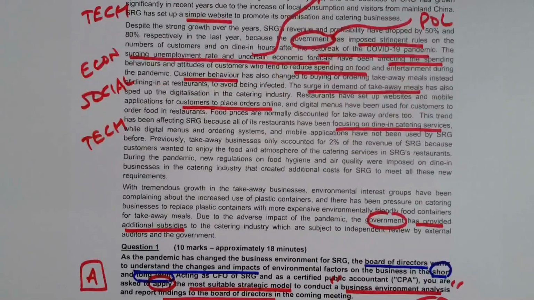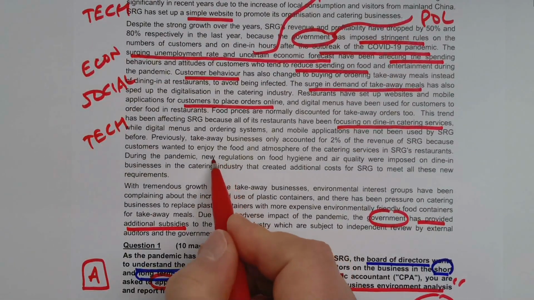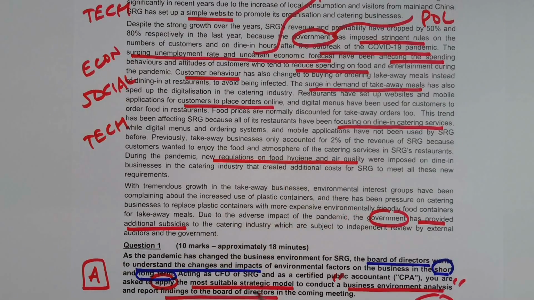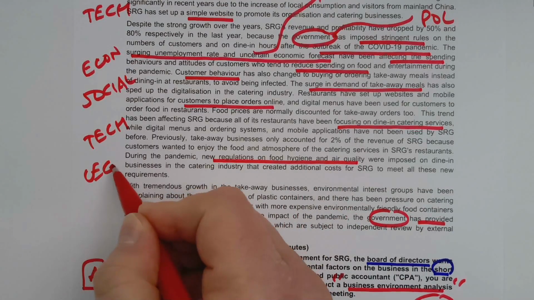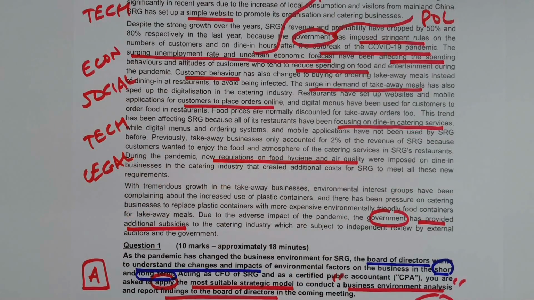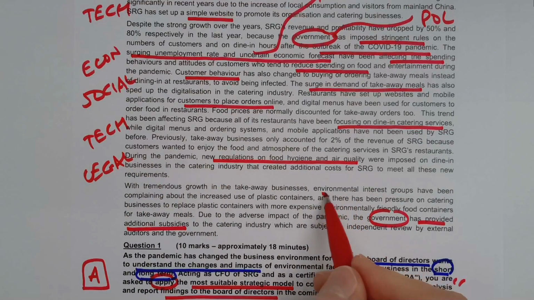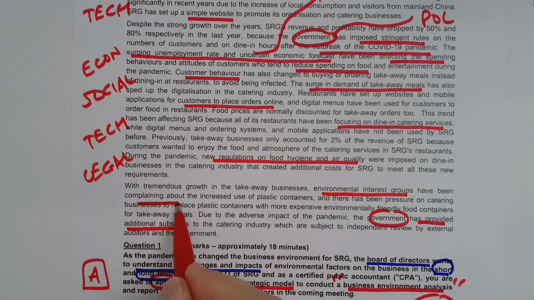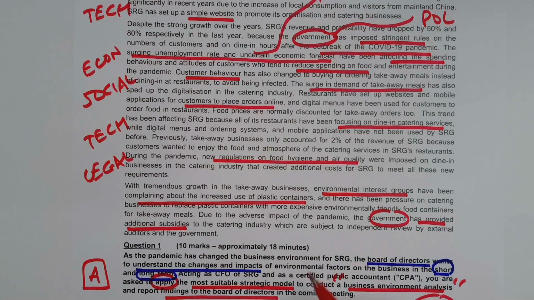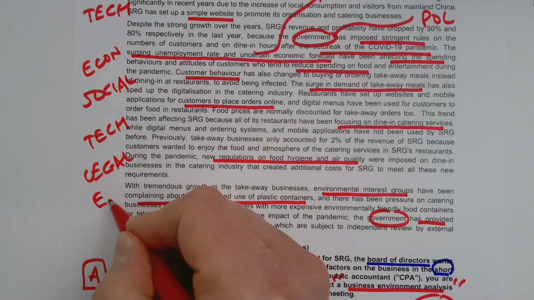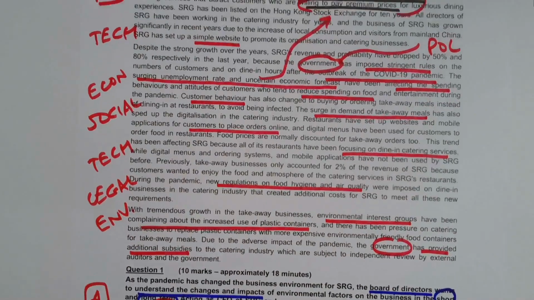They talked here about regulations on food hygiene, air quality. This would have been here legal. And then finally, they talk about environmental interest groups. They've been complaining about all of the waste of the plastic. So we've got their environmental issues.